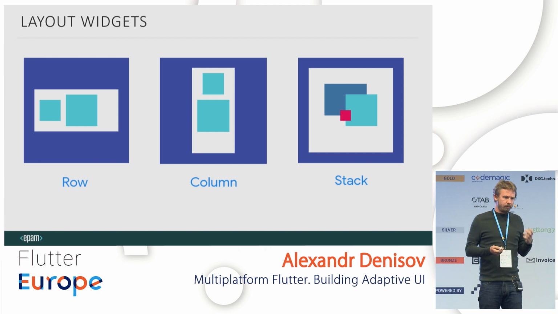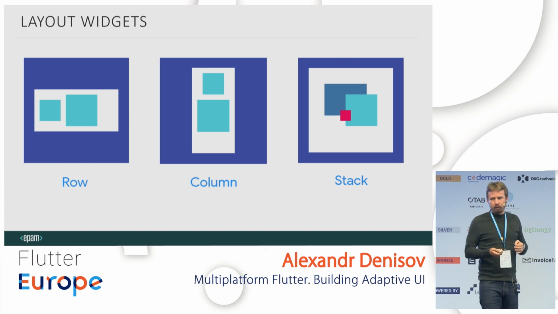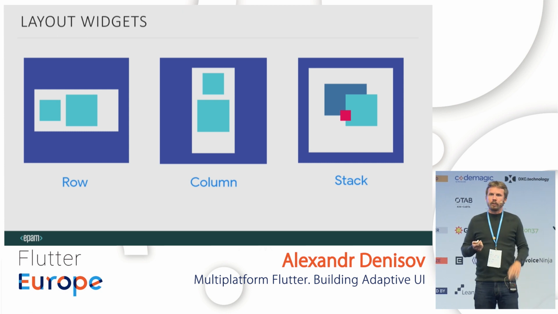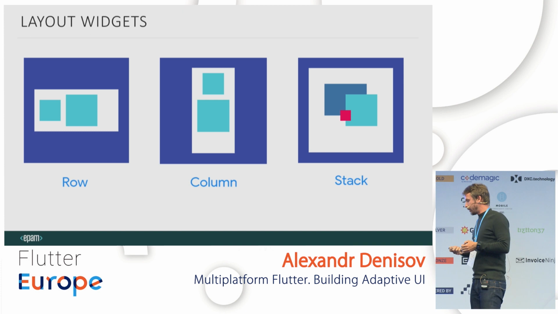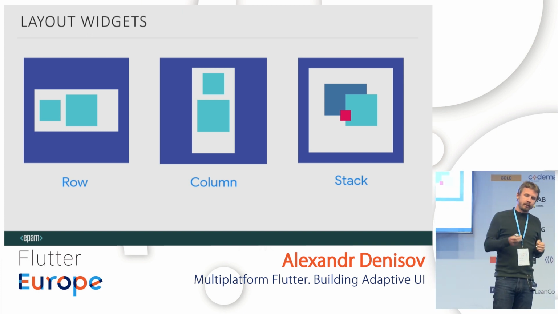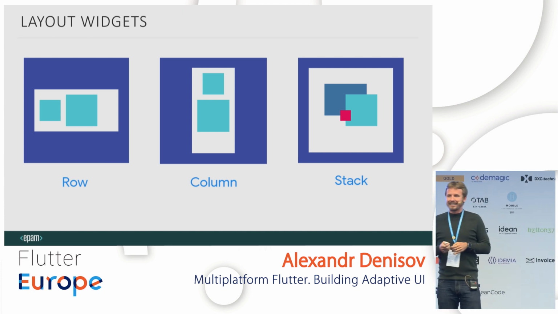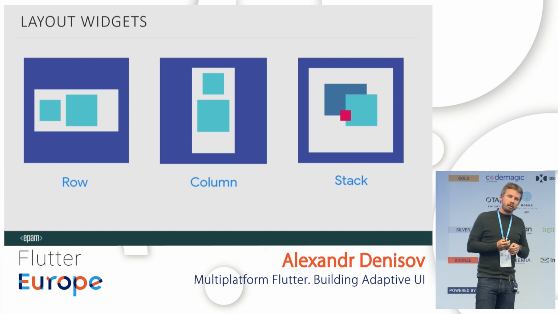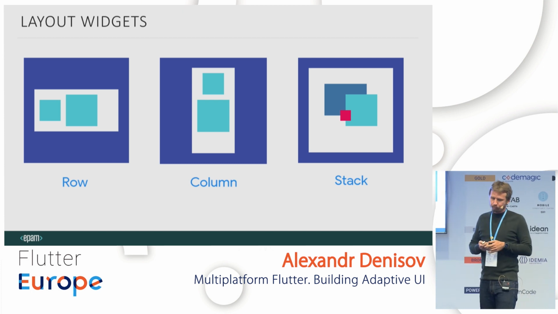There are, of course, many more layout widgets, but I take the main ones. Row displays children in a horizontal array, column in a vertical array, and stack positions children relative to the edge of its box.